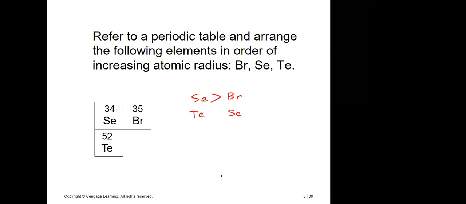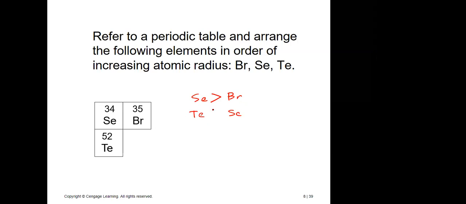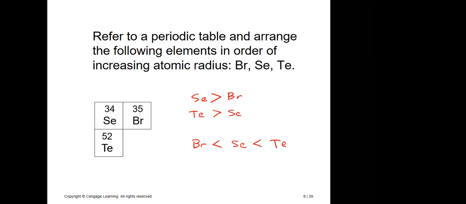So we could say it's like that, right? And between Te and Se, which one is bigger? Te. And then from that, you could say bromine, and then Se, and then Te, right? Yes.